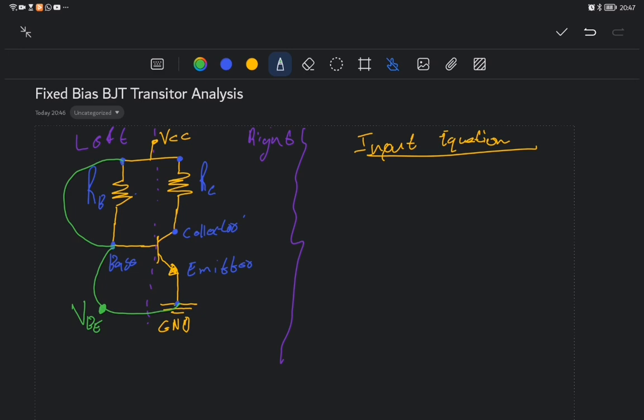And the voltage from here to there is the voltage of the resistor, VRB. Remember that this voltage here is being supplied by VCC. If I add the two voltages, I'm going to get my VCC.